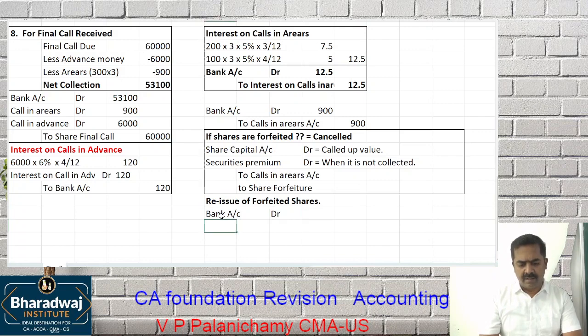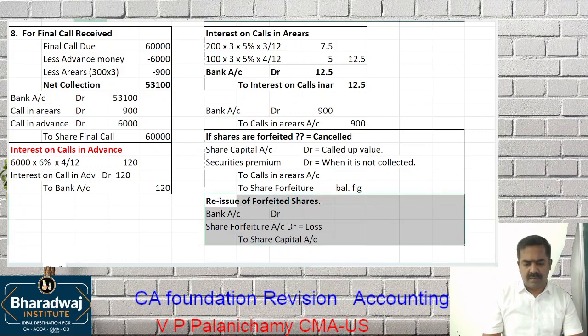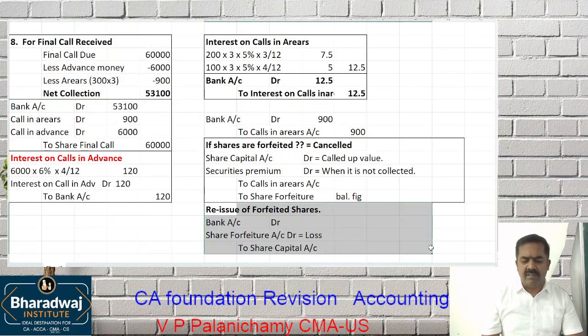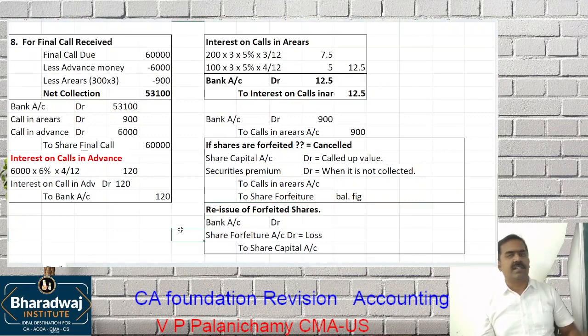Bank account debit. Suppose if there is a loss or discount, we will debit it to share capital. So the net gain will be transferred to capital reserve. Capital reserve can be created only when the shares are reissued.